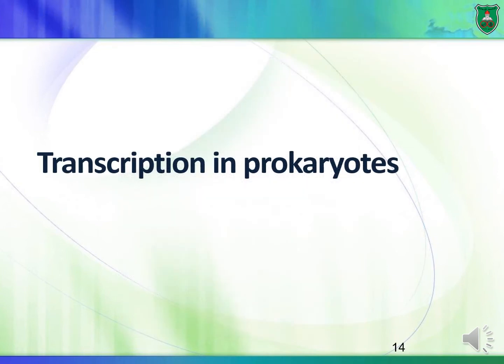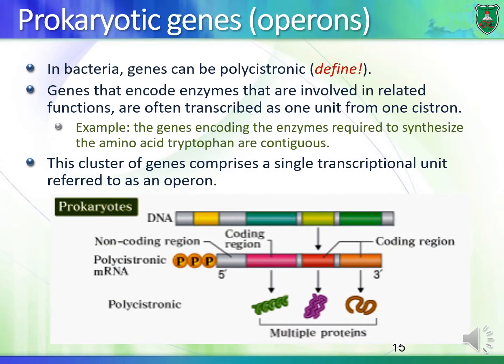So let's go through transcription in prokaryotes now. We usually like to start describing any molecular process in prokaryotes because it's simpler. So once we understand the base of any process, we can go into eukaryotic mechanisms. So in prokaryotes, some genes are organized as operons, and these operons are polycistronic.